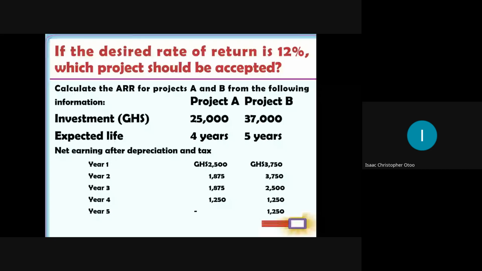So the average annual income is what? 1875. Okay. Then let's see the investment. Is there depreciation?